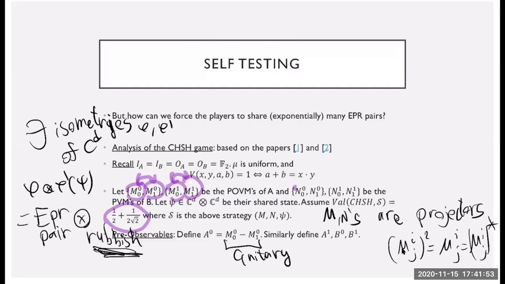And when it is a unitary, I will call it an observable. But when these are just positive matrices, these are not necessarily unitaries. So the name observable will be reserved only to unitary matrices. And these are called pre-observables exactly because when they are projectors, when the strategy is actually a projective valued measure and not a positive operator valued measure, these are genuine observables.